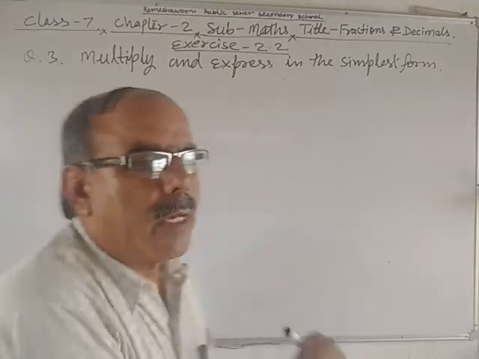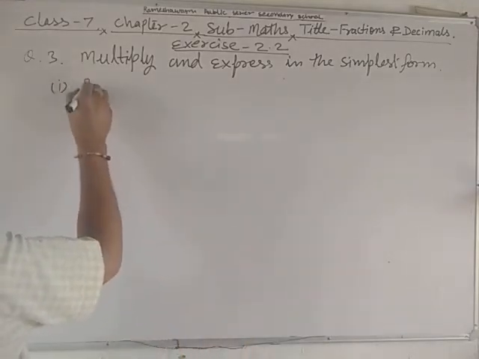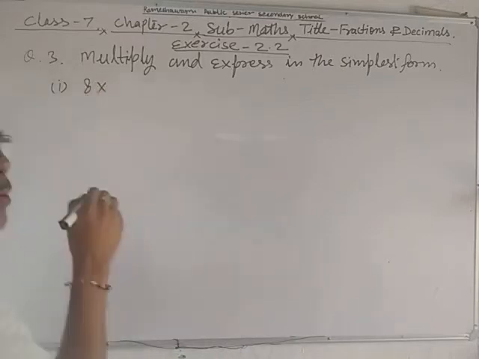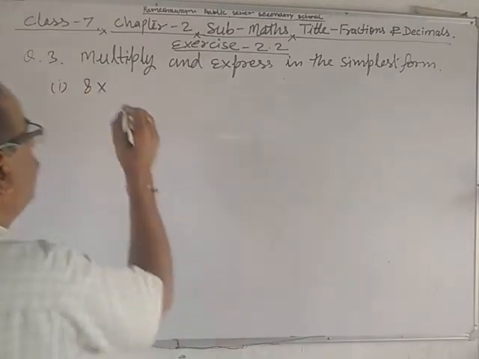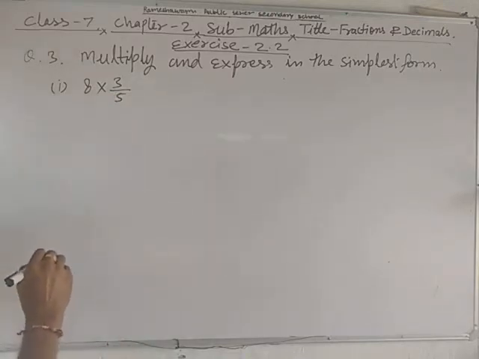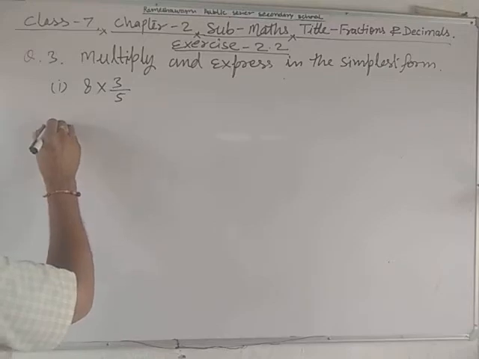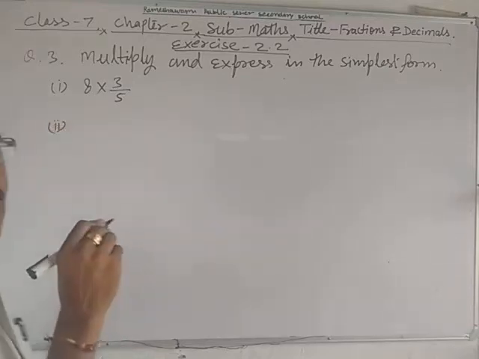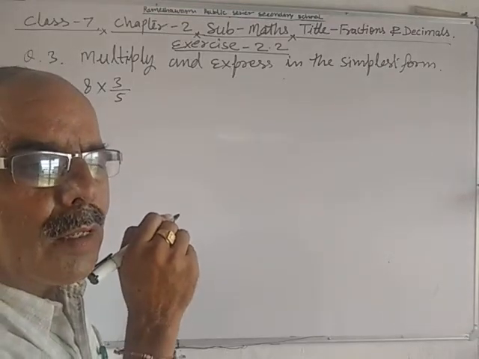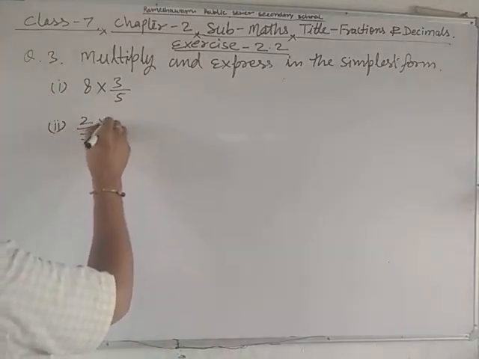Question number 1: 8 into 3 upon 5. The second is 2 upon 3 into 4.